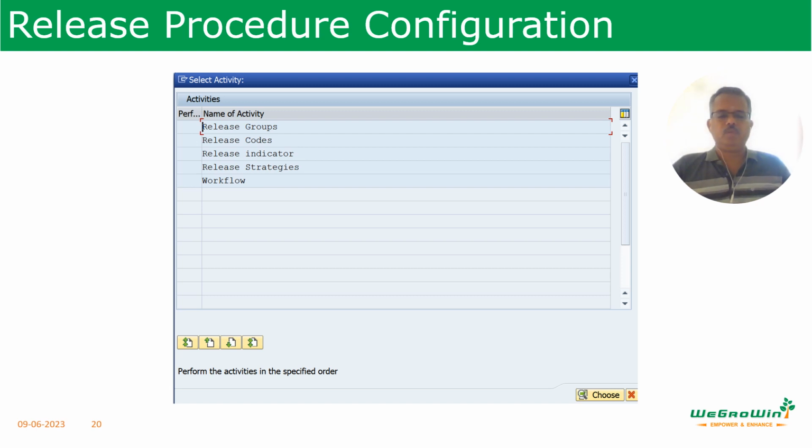Here the elements to be configured are listed: release groups, release codes, release indicator, release strategies, and workflow. First, let us take release group and press the Choose button to proceed. Like this, for each one: select the release code and choose; for release indicator, select release indicator and choose. Like that, we proceed.